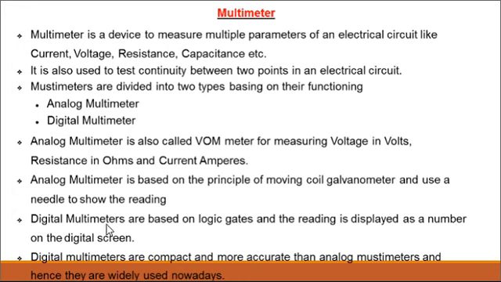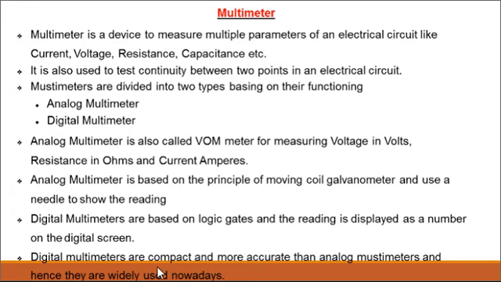And digital multimeter. Digital multimeters are based on logic gates: AND gate, OR gate, NOT gate. The reading is displayed as a number, just like in digital watches, where the time is displayed as a number.